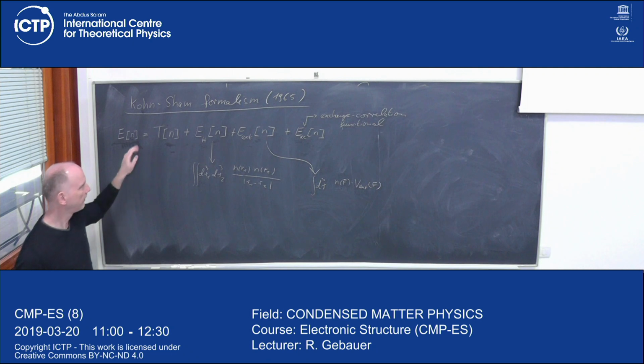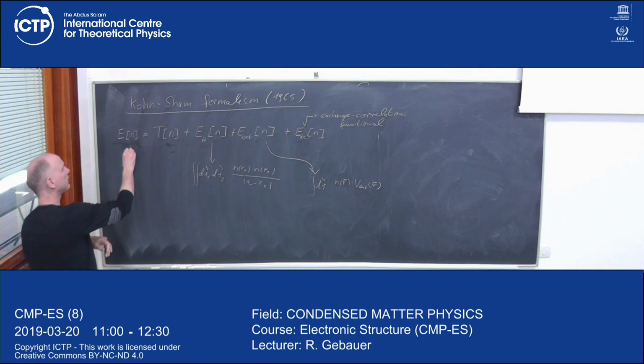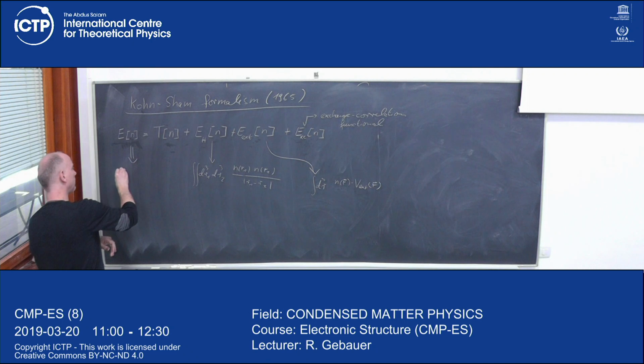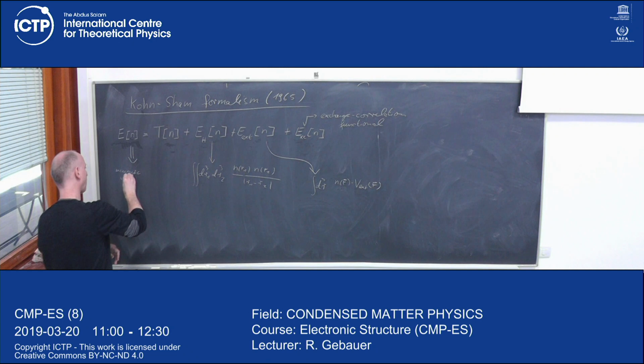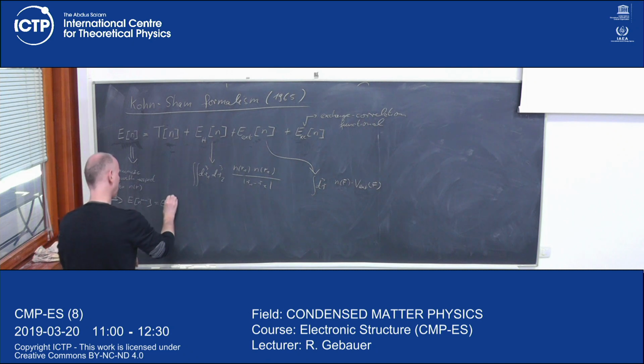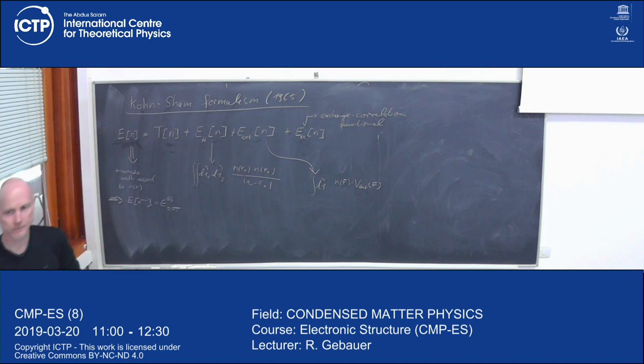So once we have an expression like this, we minimize with respect to n of r, and we obtain E of n min, which is the E ground state of DFT. So this is what we need.